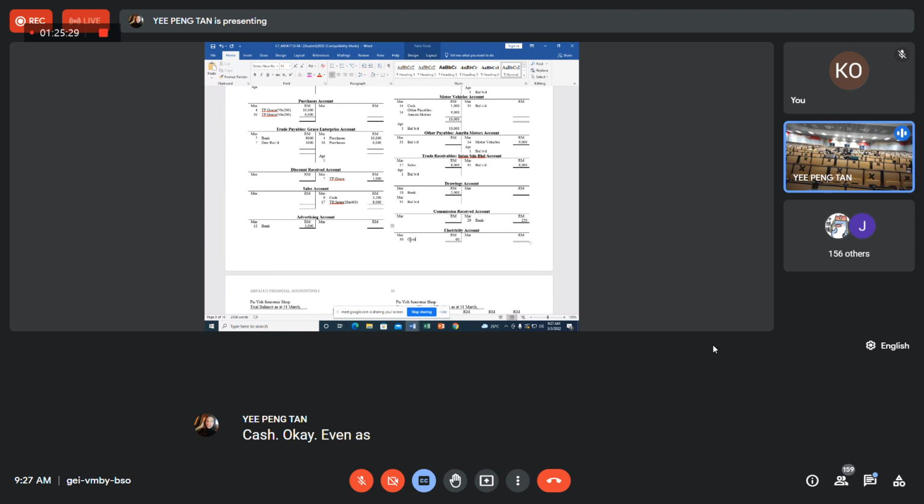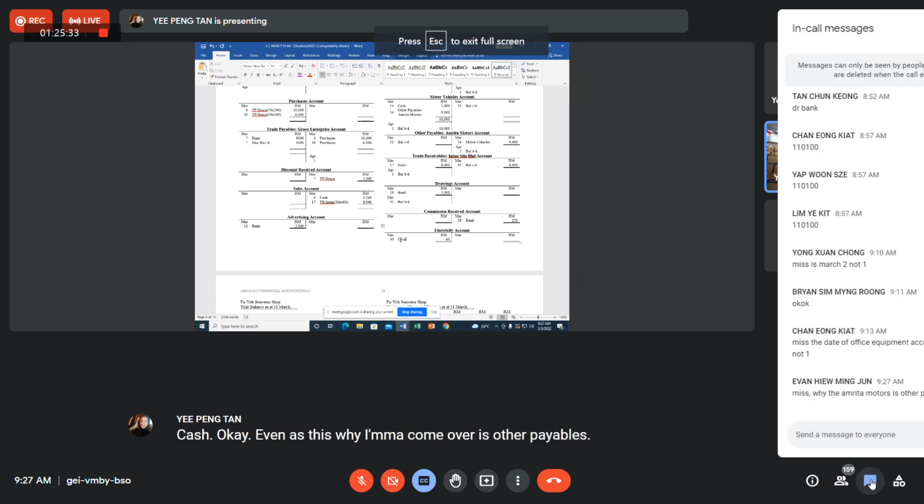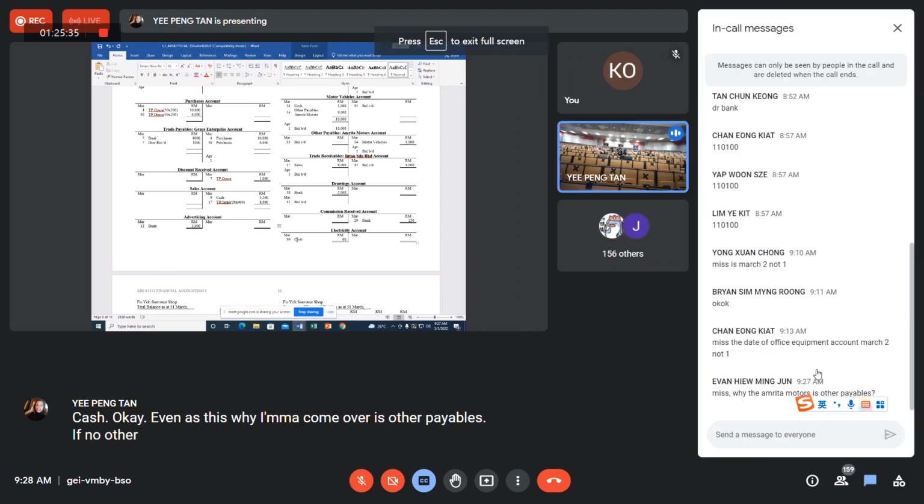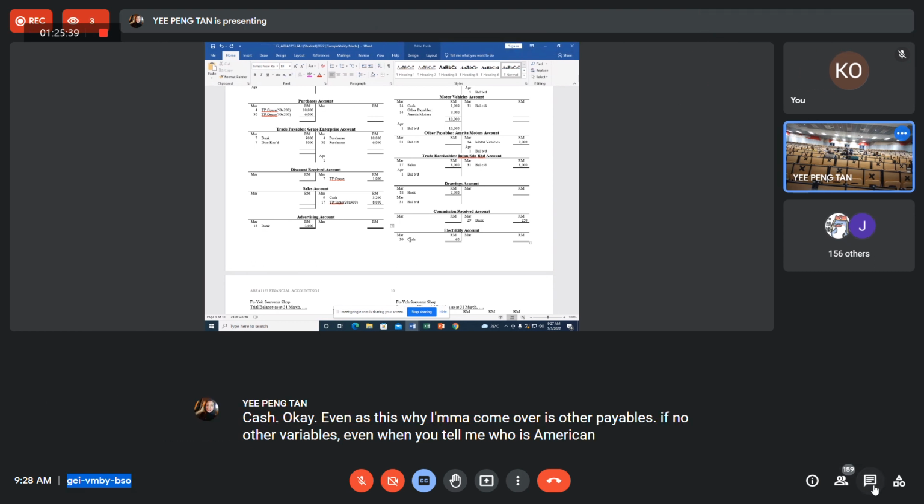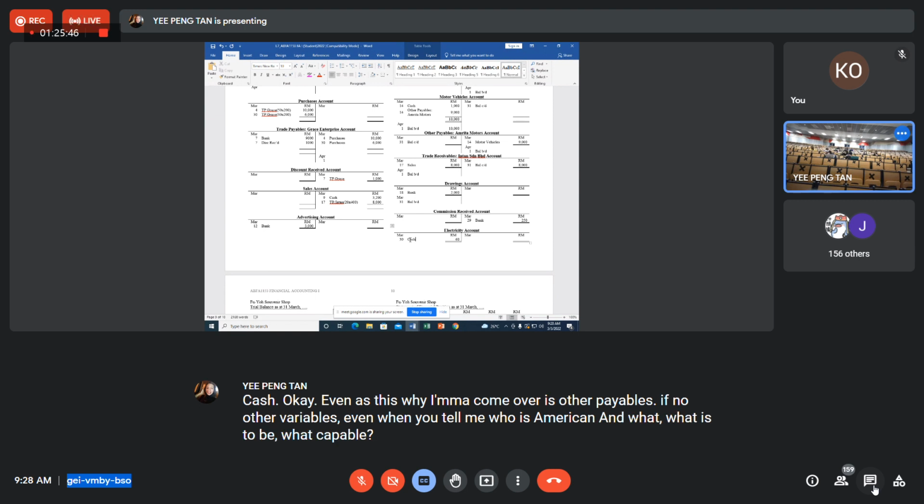Even asks why Amrita Motor is other payables. If not other payables, then you tell me who is Amrita Motor? Then what should it be? Trade payable. Even, that's a question from the exam, isn't it?